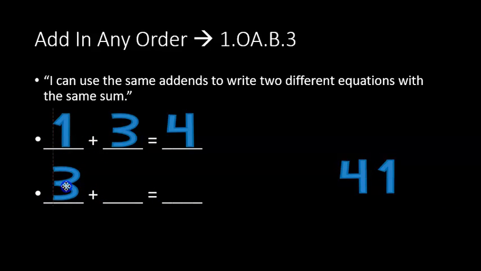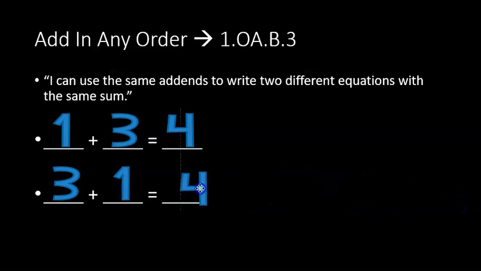So let's get 3 first and put 3 up here, and then we gotta get 1 and insert 1 here. And our answer is gonna be the same. We bring that 4 back in there. So our equations are complete now. This is what you call add in any order. Our answers are the same, 1 plus 3, and then you just swipe them. X. 1 is here, 3 went up front, and we get the same answers here, okay?